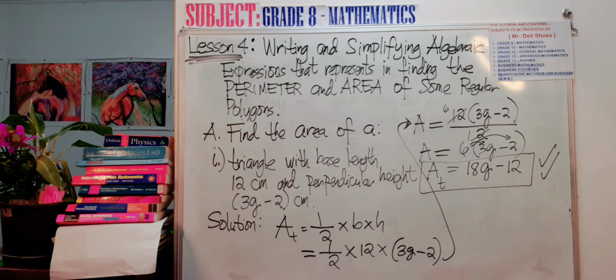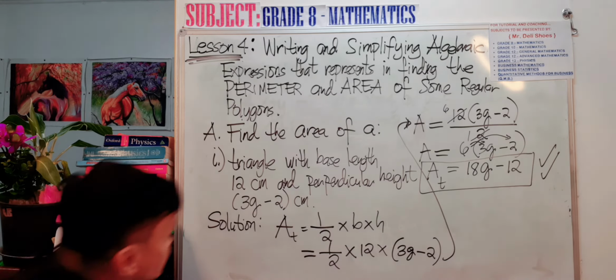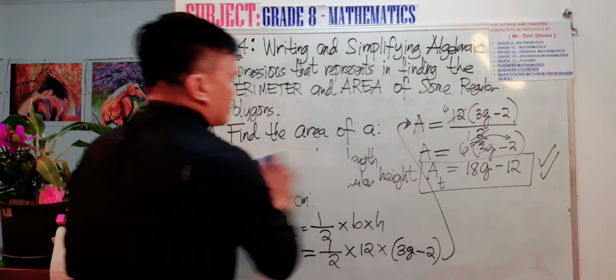And after pausing the video, copy the working out of finding the area of a triangle with base length 12 centimeters and perpendicular height 3g minus 2 centimeters. Pause the video.